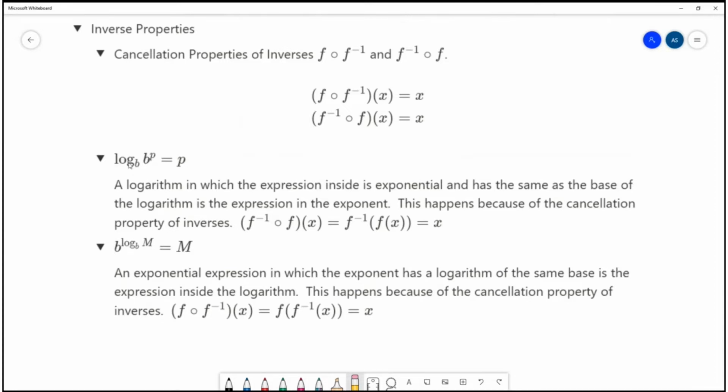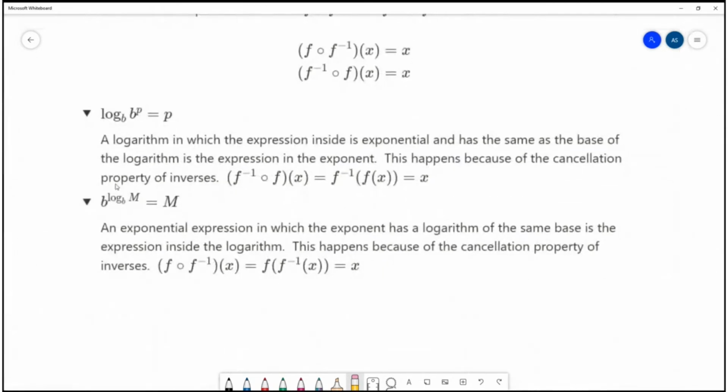And because they're inverses of each other, all of the operations cancel out and you get back to the original input, which in this case is the p, which is in the exponent. And here is another version. This time the logarithm is substituted into the exponential, and they're inverses of each other, so they cancel each other out. And our answer is the original input, which here is m.